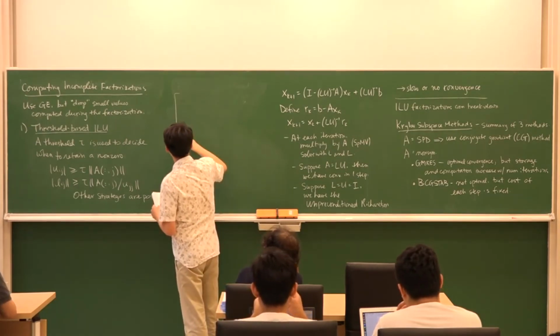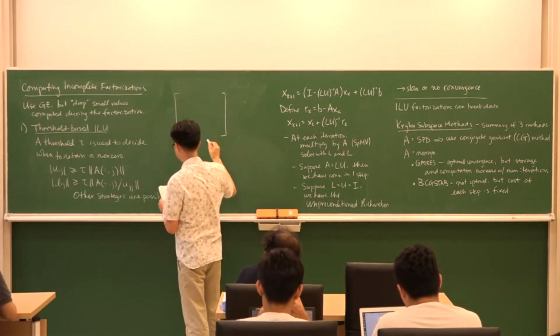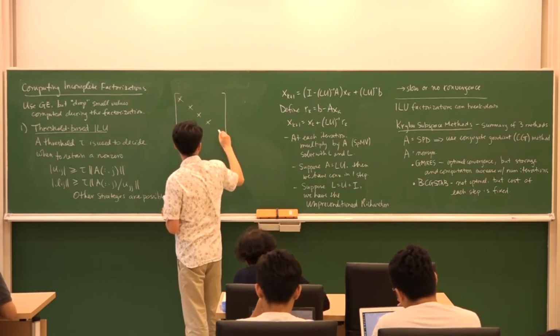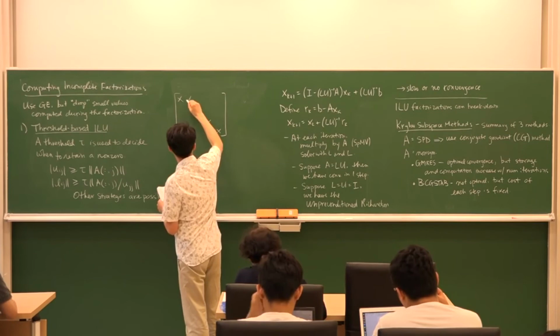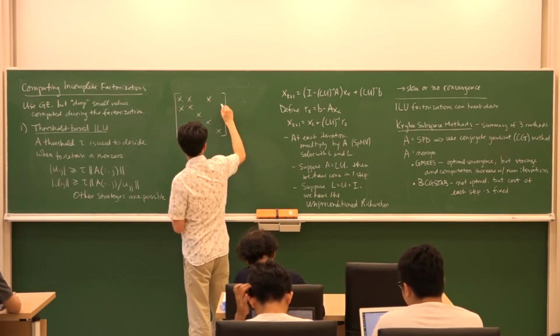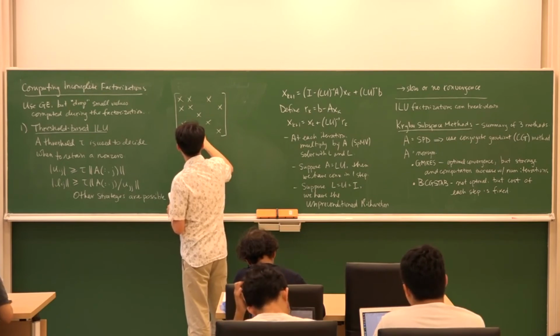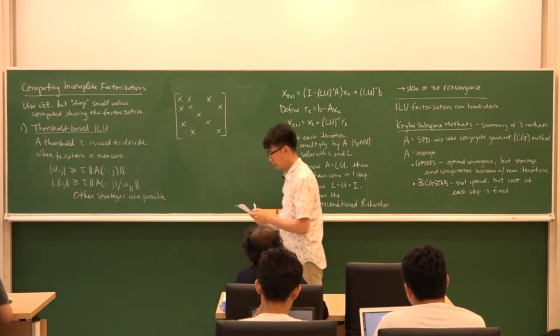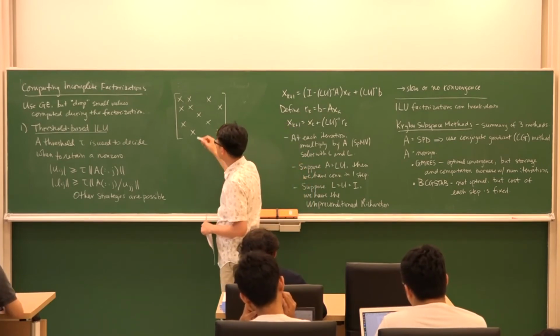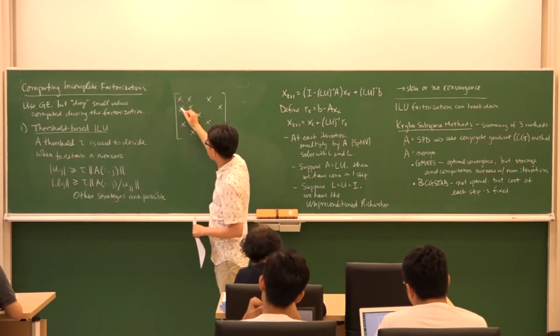So here's an example sparse matrix, a 5 by 5 sparse matrix. So suppose that we want to create a 0 over here.